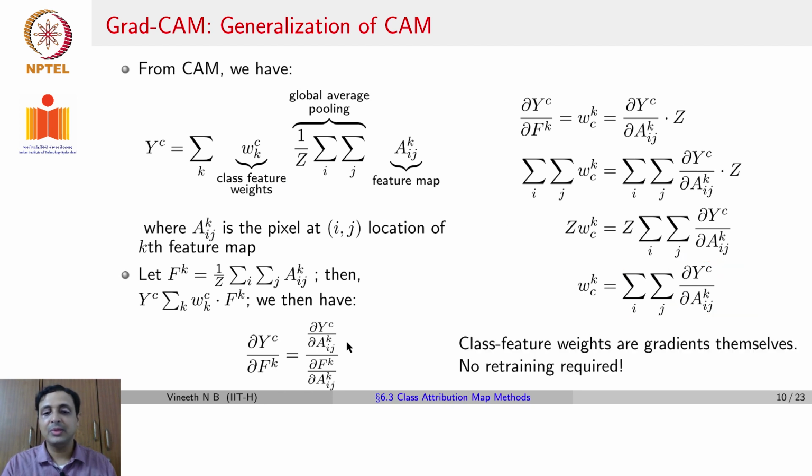So in truth, the class feature weights here are the gradients themselves, and we actually don't need to do the retraining the way we saw it with CAM. You don't need the global average pooling, you don't need the retraining. Those weights that you did the global average pooling for can actually be obtained as gradients of the last layer scores with respect to any feature map or activation map with which you want to compute your saliency maps.